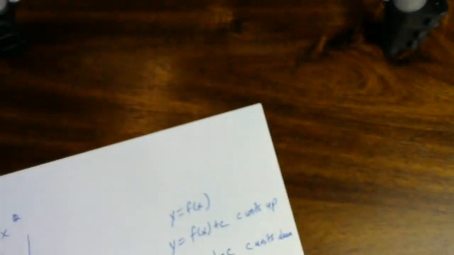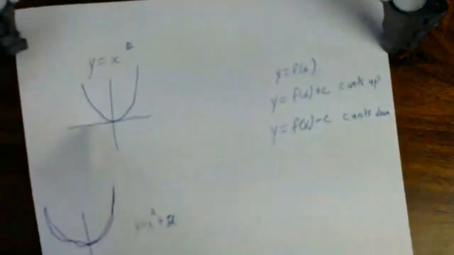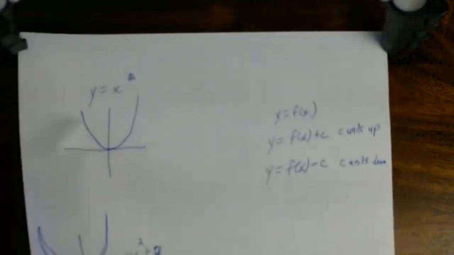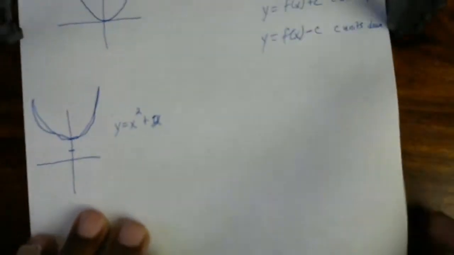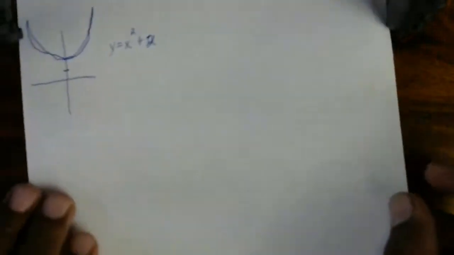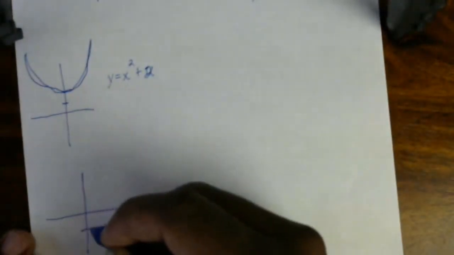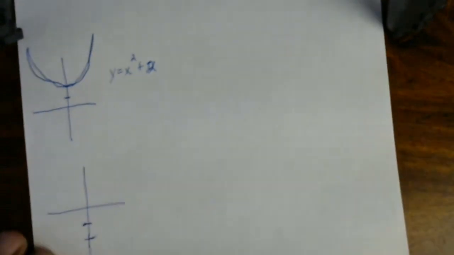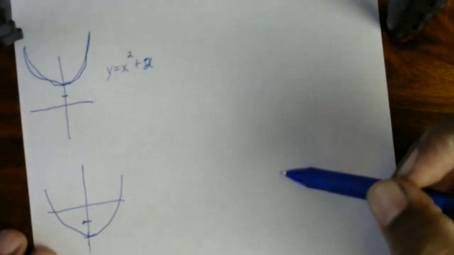If we wanted to shift down 2 units, 1, 2, I'm taking that same graph and shifting it down 2 units.